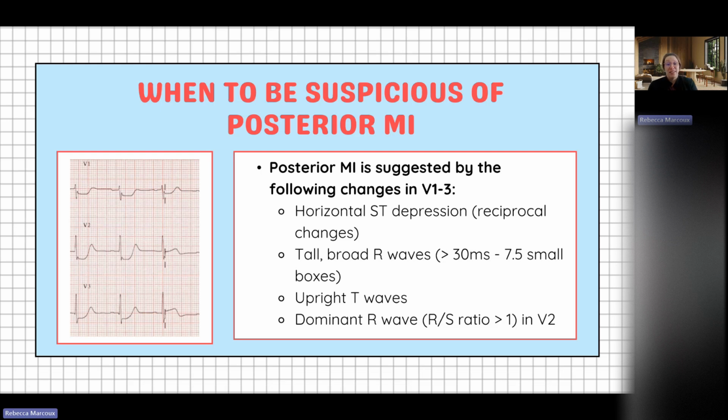One of the things you'll often see that should also make you suspicious is those reciprocal changes that I talked about. So in V1 to V3, our septal leads, these are reciprocal to our posterior leads. So you can see here, V1, V2, V3, we have ST depression in all these leads.